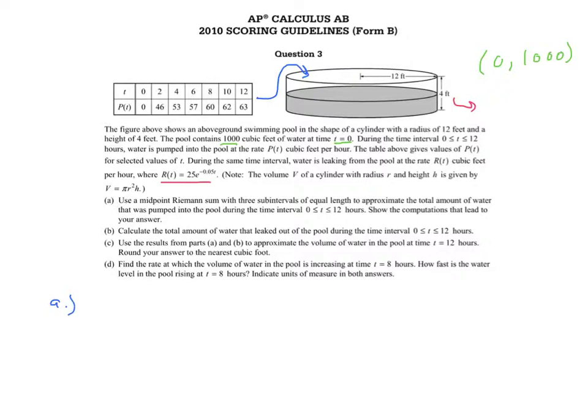So we want to accumulate the rate at which water was pumped into the swimming pool, using 3 equal subintervals: from 0 to 4, 4 to 8, and 8 to 12. Each of those subintervals has a base of 4.